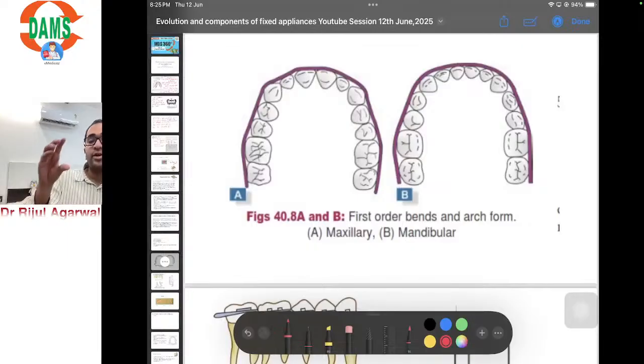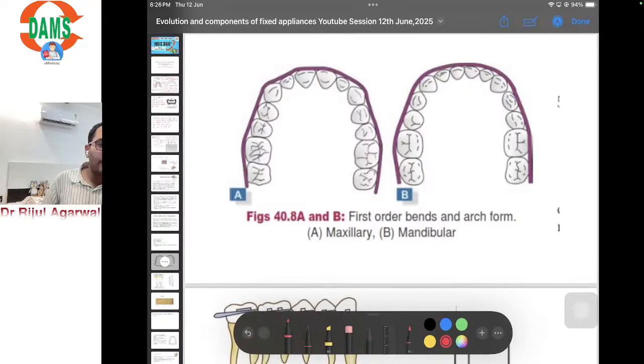The centrals are thicker as compared to the laterals, and the canine is thicker as compared to the lateral. These first order bends are given to compensate for the varying thickness of the teeth.